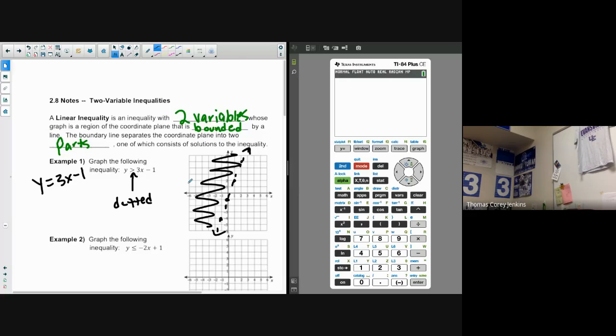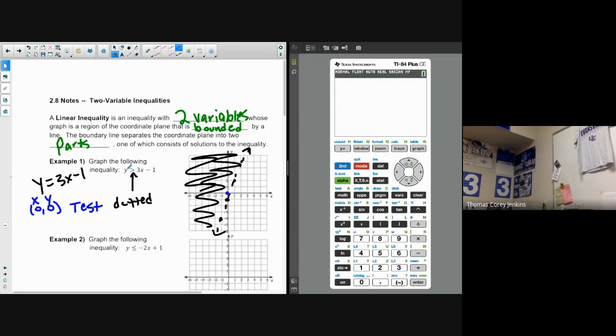But if you're not sure, I would say that the 0-0 test in most cases is a good way to figure it out. As long as your boundary line doesn't go through 0-0, you can test with 0-0. So here's what I mean by that. If you sub in 0 for x and 0 for y, just see if it's true or false.